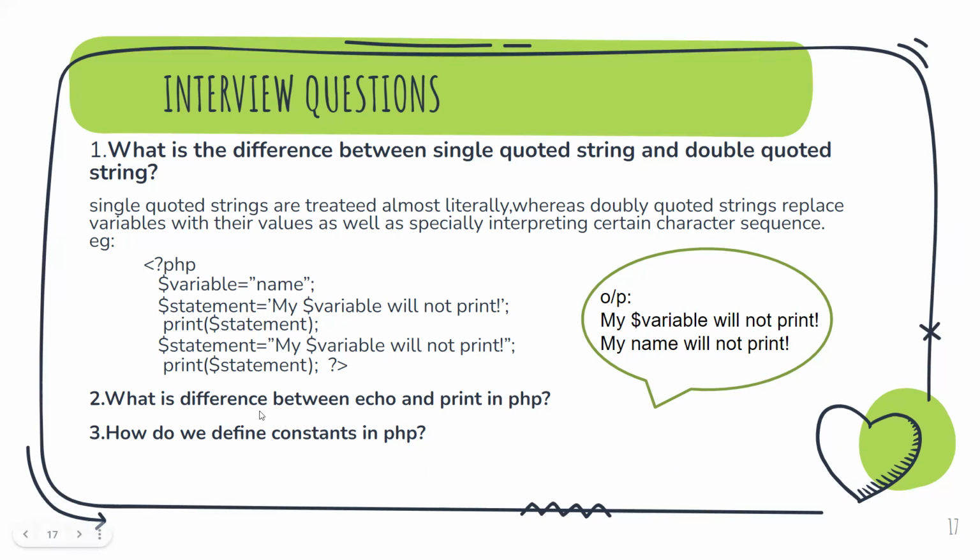And what's the difference between echo and print in PHP? The main difference is that echo returns a value saying whether it's successful or a failure, whereas print doesn't return any value. So this is the difference between echo and print. And then how do we define a constant? This is already dealt with earlier.